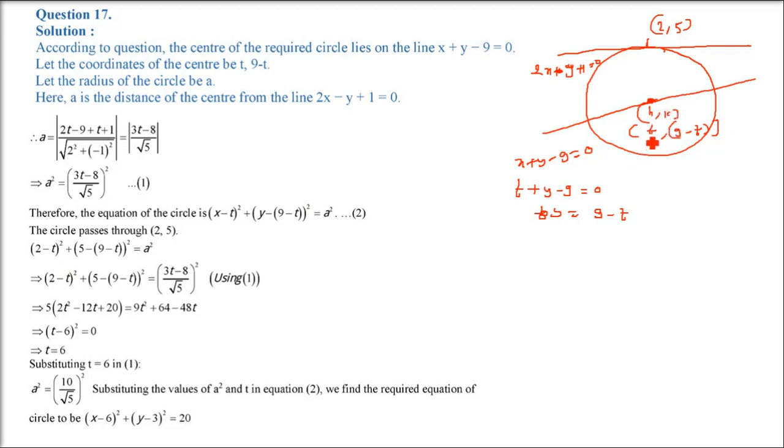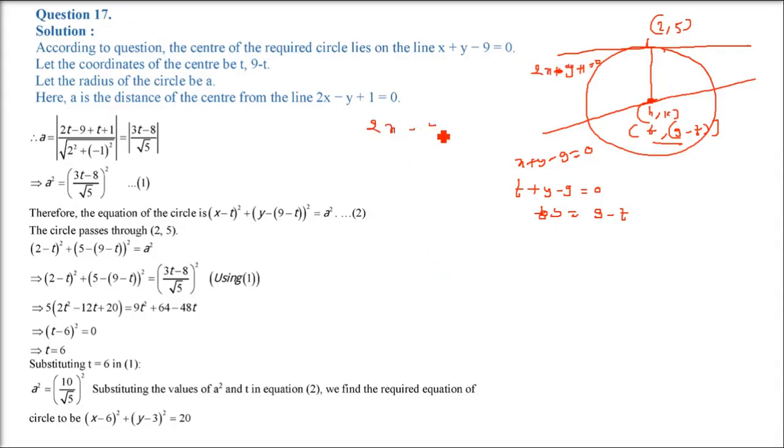This is clear. So what we will do here is take the distance from t, 9 minus t to 2, 5, and call it radius square. Also, we'll drop a perpendicular from t, 9 minus t to the line 2x minus y plus 1 equals 0, and again call it a radius.